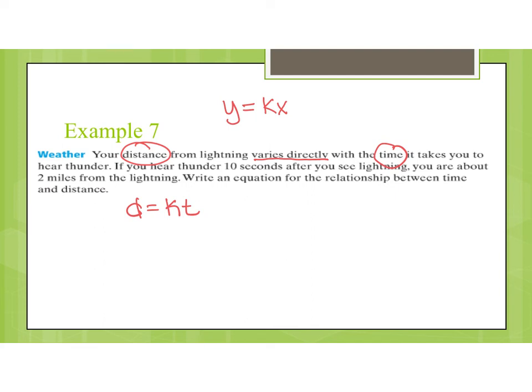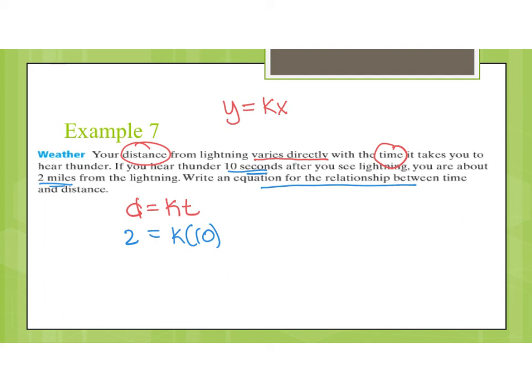So as I keep reading, lightning varies directly with the time it takes you to hear thunder. If you hear thunder 10 seconds, okay, so I'm going to plug in a 10 for my time, because 10 seconds is a time. After you see lightning, it says you are about 2 miles, which is my distance, from lightning. Now we need to write an equation for the relationship between distance and time.